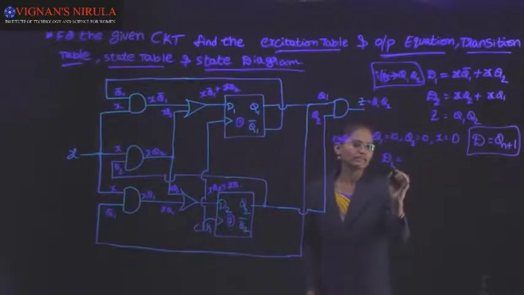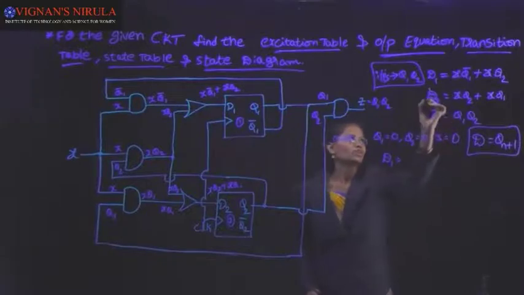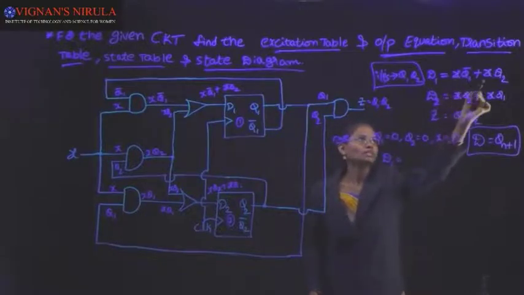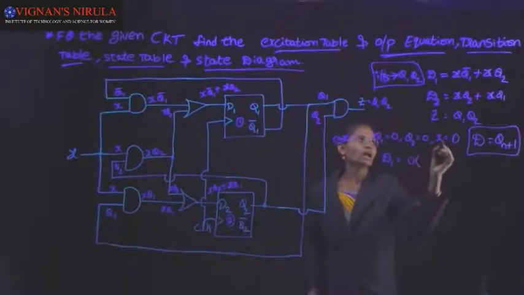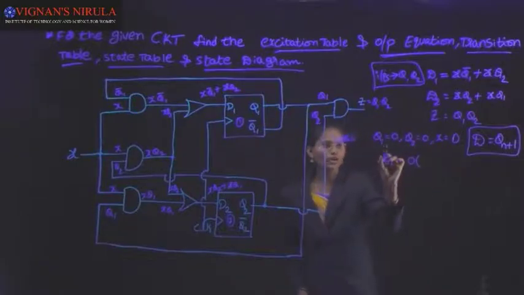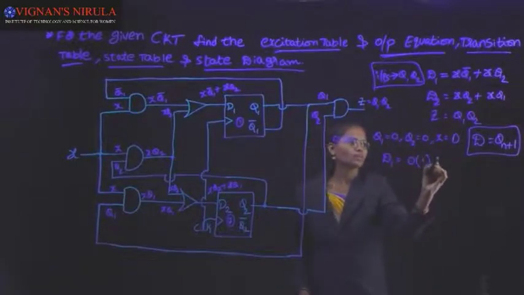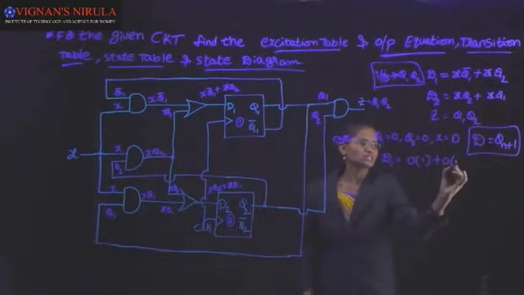Here D1 equals X into Q1 bar plus X into Q2. That is, X value is 0 into Q1 bar. Here Q1 is 0, so Q1 bar is 1, plus X is 0 and Q2 is 0.